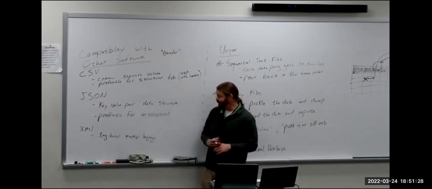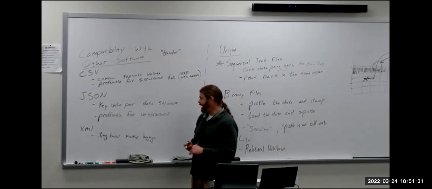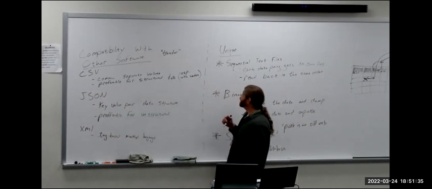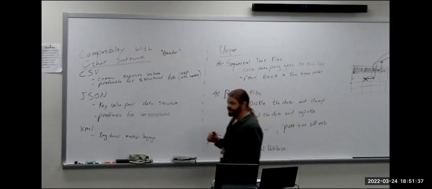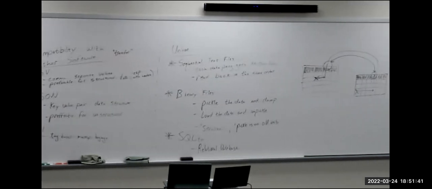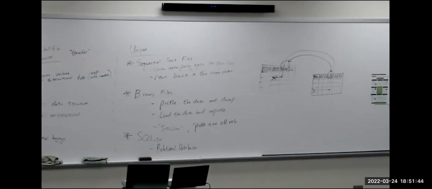So I know you're familiar with the tag-based markup languages. If anybody hasn't seen those, the basic idea is we include some extra stuff that makes it better for the machine.